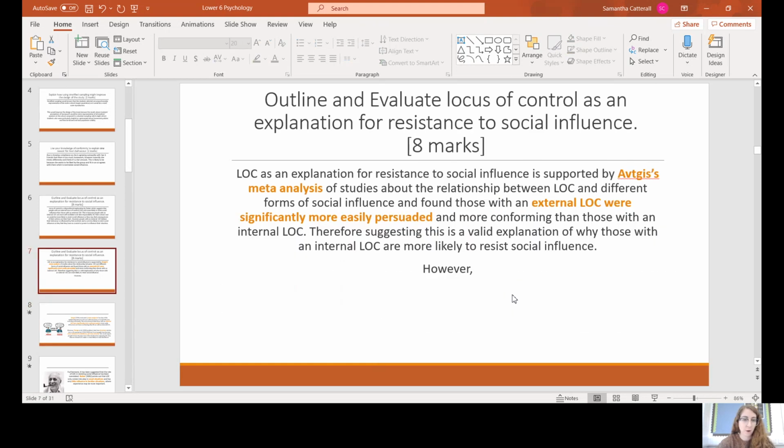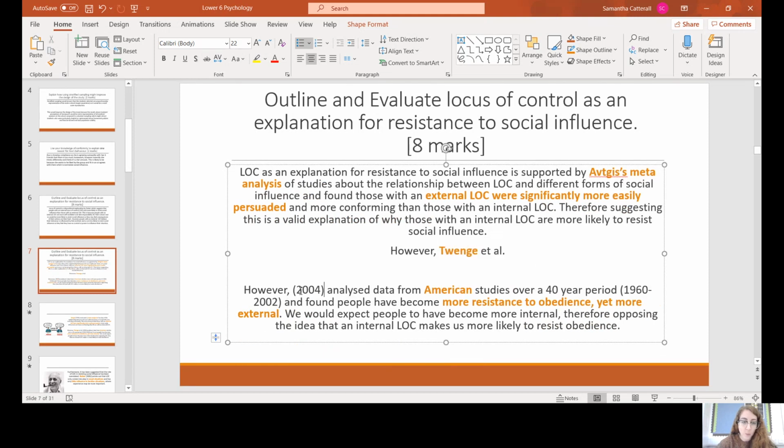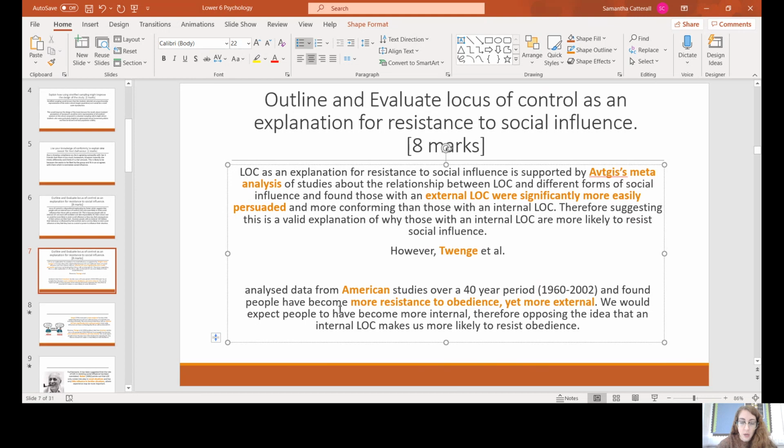So however, Twenge et al. You can put the dates if you want, but AQA are not really that fussy, to be honest.